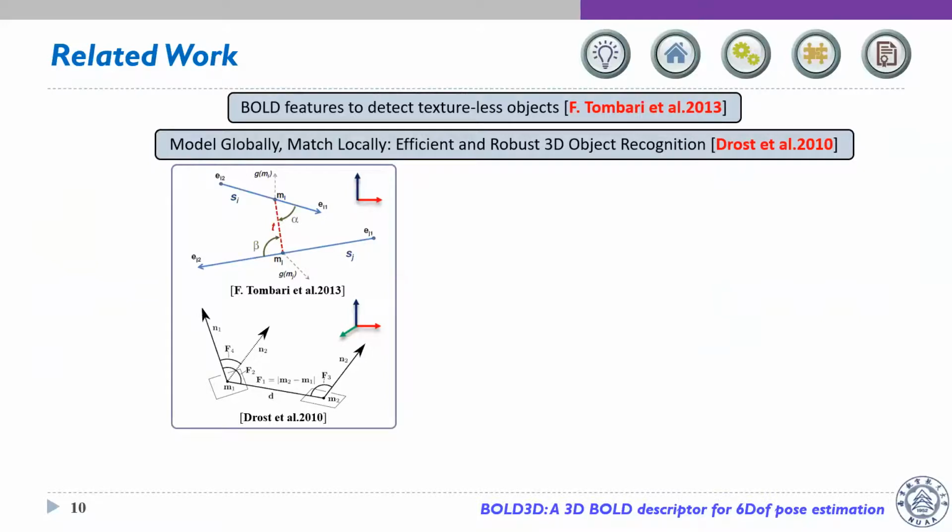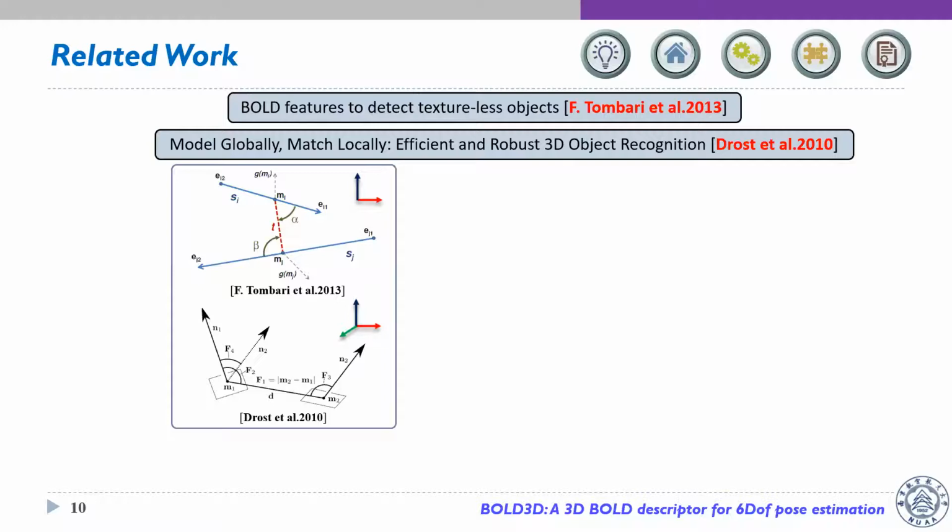Our method is inspired by the works titled Bold Features to Detect Textureless Objects and Model Globally, Match Locally: Efficient and Robust 3D Object Recognition. The former literature designed a novel 2D descriptor named BOLD, which is composed of two unique angles built by using the midpoints of line segments to detect textureless objects robustly.